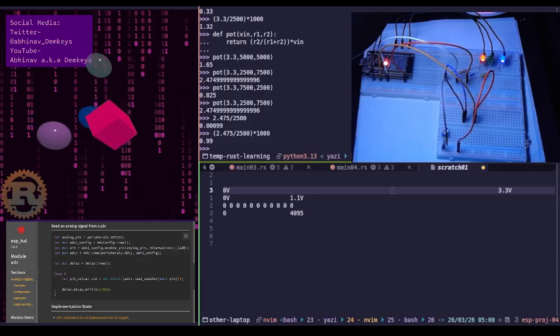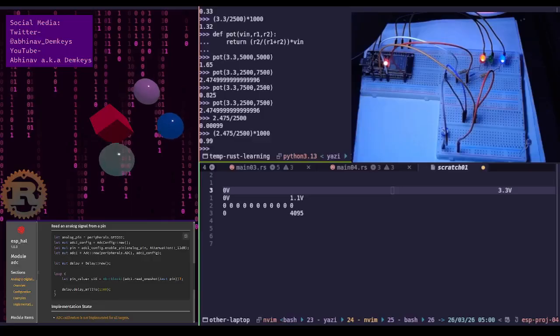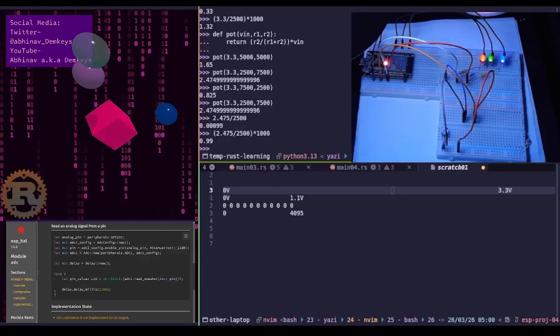Wait, there was someone else here just now. Right, okay. Okay, we are gonna check this person out. They're building a robotics simulator.